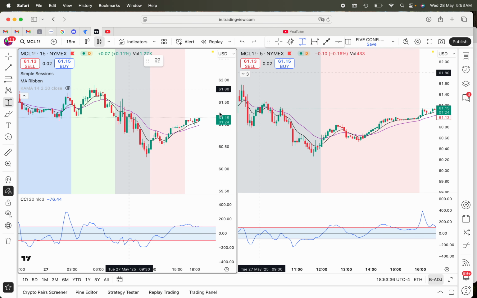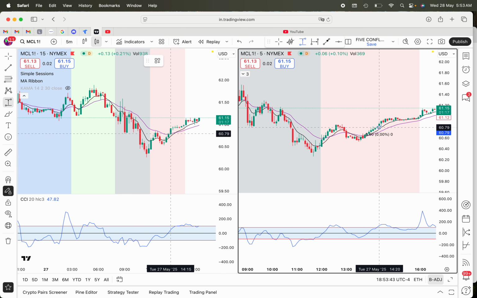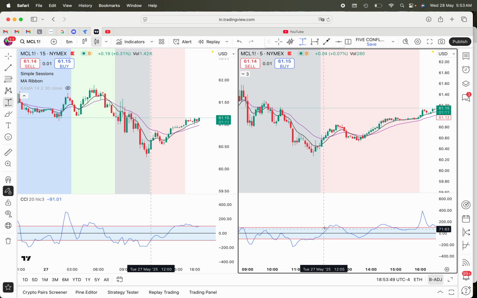So for instance, I could have sat this out and eventually entered here on the 15-minute chart, which would have been here on the 5-minute chart, which probably wouldn't be ideal. I would have been looking at the chart here going, well, hang on, this is pulling back. Is it a pullback to go lower? So I was watching this chart last night.